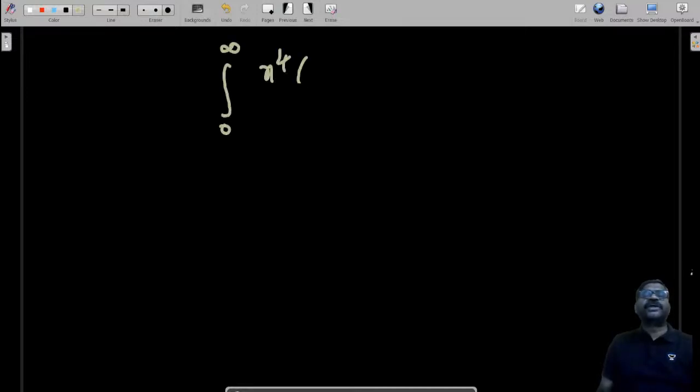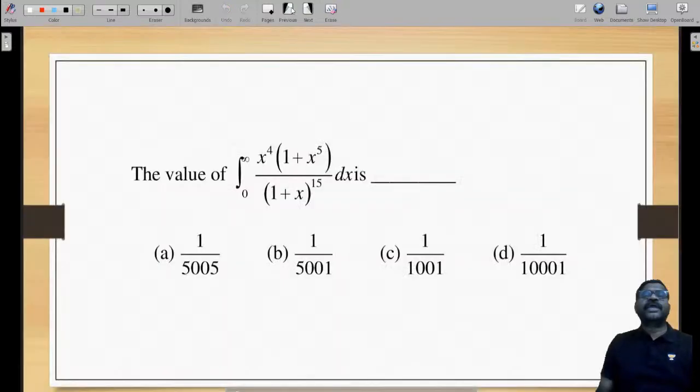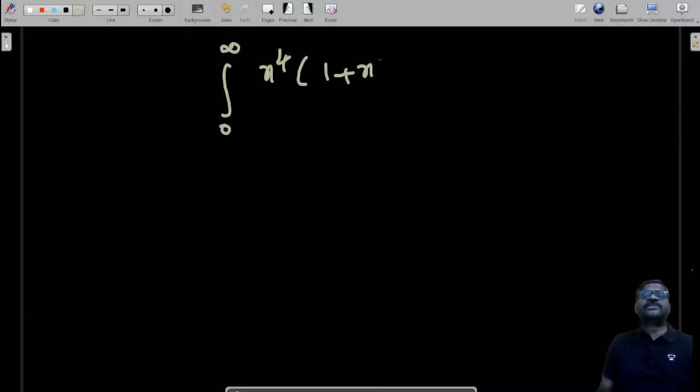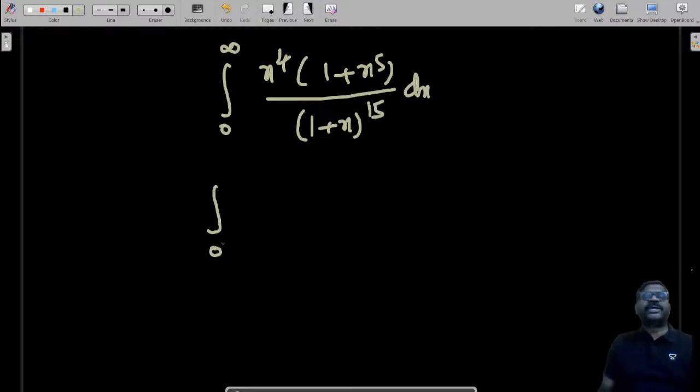Integral 0 to infinity x power 4 of 1 plus x power 5 by 1 plus x whole power 15 dx.